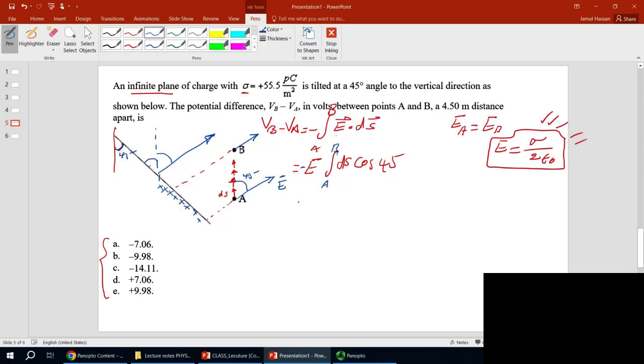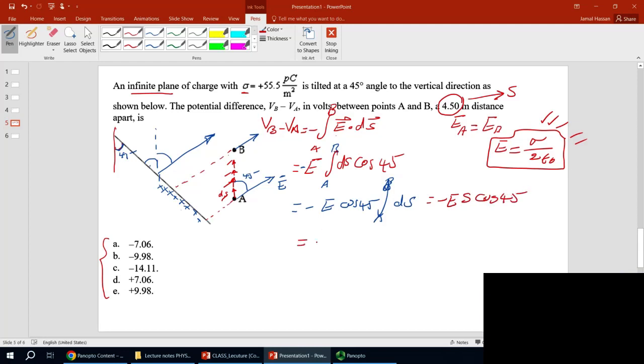I forgot the negative sign here, so it's equal to negative E cosine 45 times the integral from A to B of ds. Of course, if you add all these small vectors, all these ds together, the answer simply is going to be 4.5 meters. Let's just call it s. So the answer is equal to minus E s cosine 45.